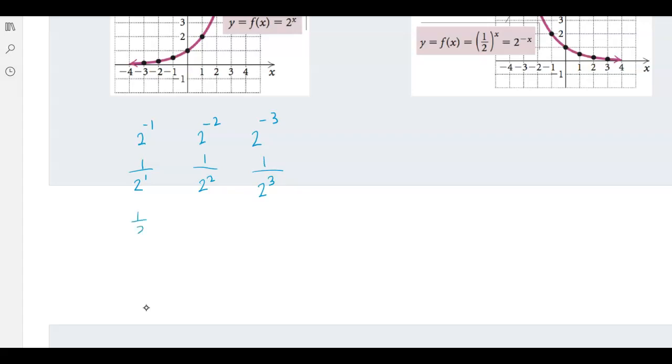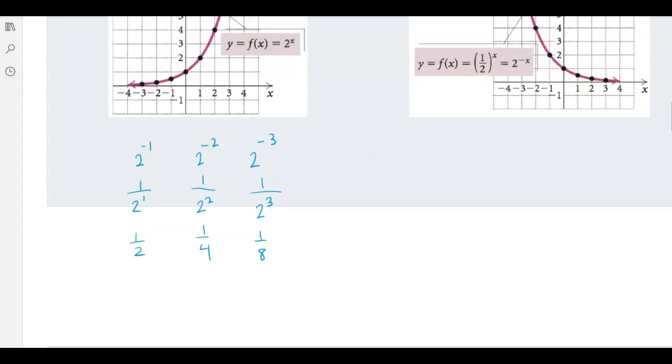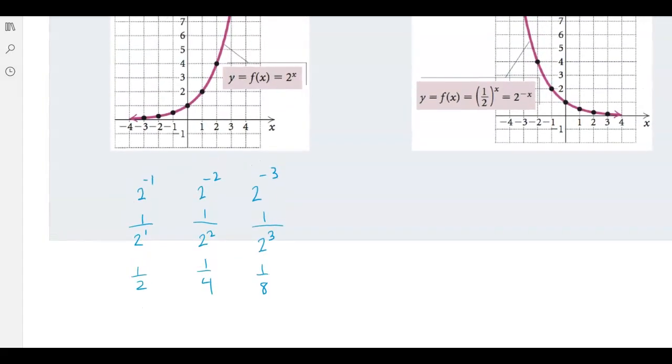So this is 1/2, 1/4, 1/8. As we move to different numbers in the direction of x, the y values are getting smaller and smaller, and they're getting closer to the x-axis. So in this particular case, the x-axis is acting as an asymptote for this graph.